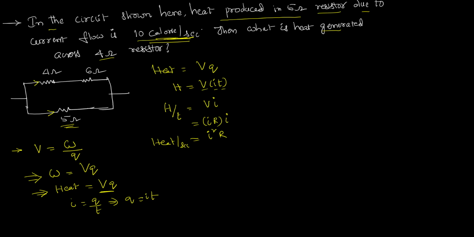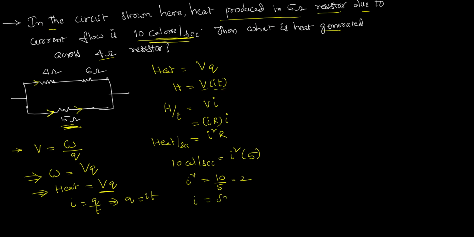Now let us see what is given. Heat generated through this 5 ohms is 10 calories per second. How much is I through that? I don't know, but the resistance is 5. That implies I square equals 10 by 5, that is 2.